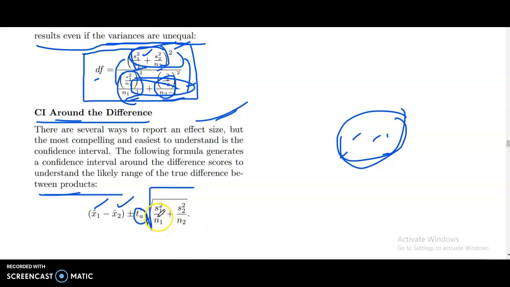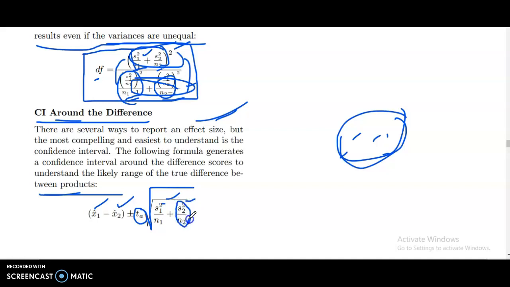Here s is the corresponding standard deviation for each sample size.